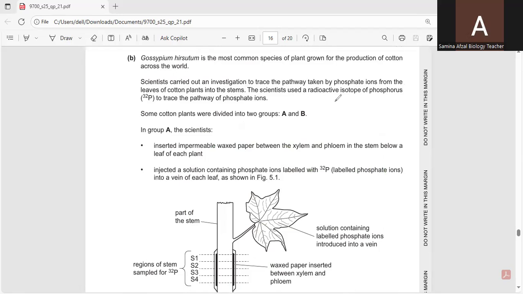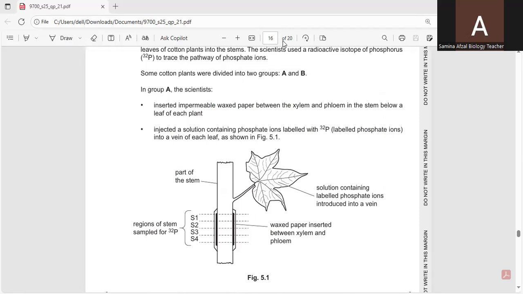The scientists used a radioactive isotope of phosphorus to trace the pathway of the phosphate ions. Some cotton plants were divided into two groups, A and B. In the A group, scientists inserted impermeable waxed paper between the xylem and the phloem.